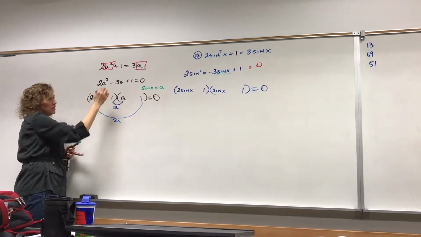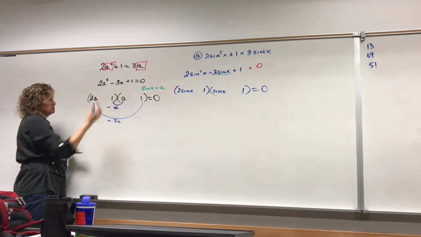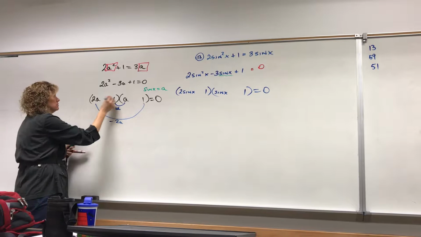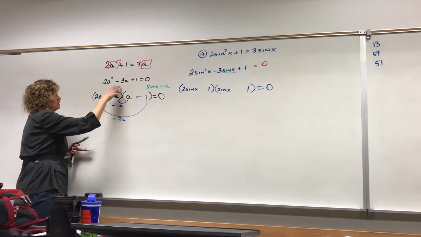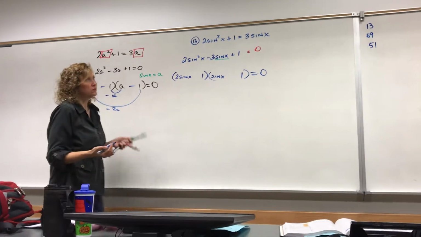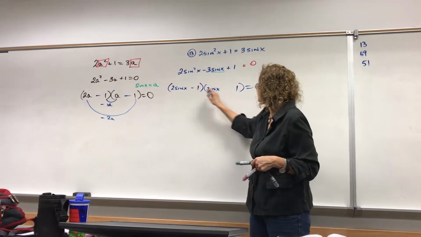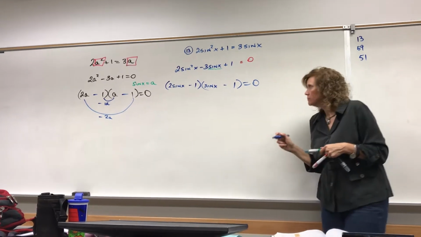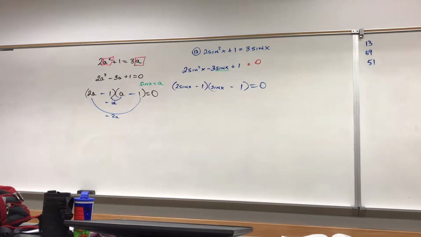They both need to be minus. If they're both minus, then I sure will get a positive 1 for the constant term and a minus 3a for the linear term. So they're both minus here. Either way you do it, it's totally fine.